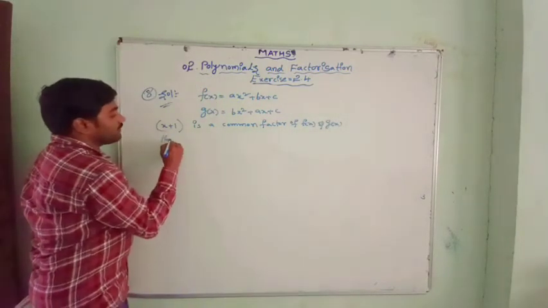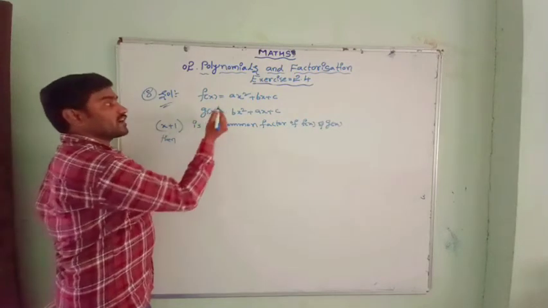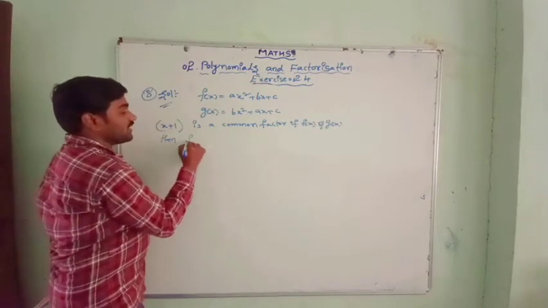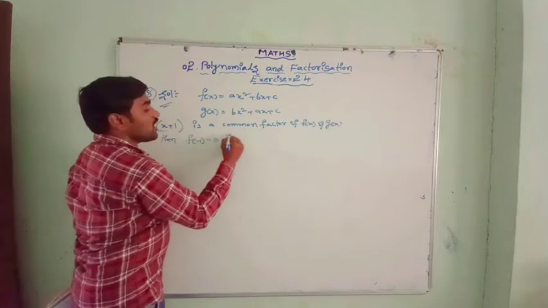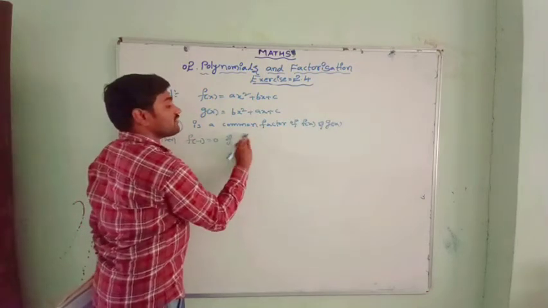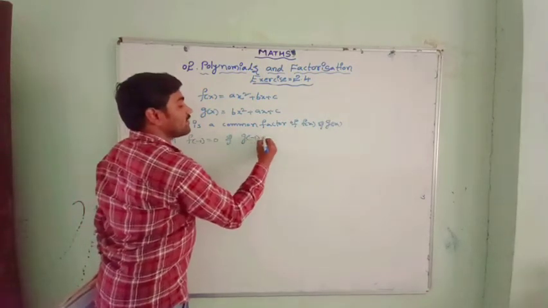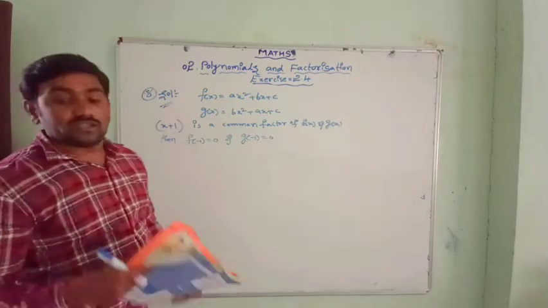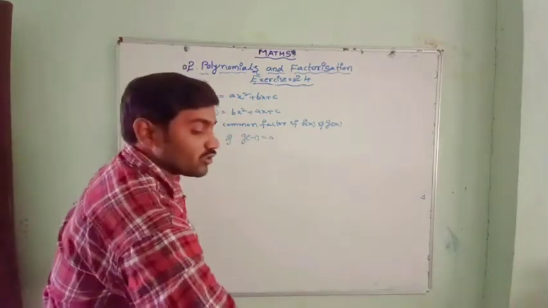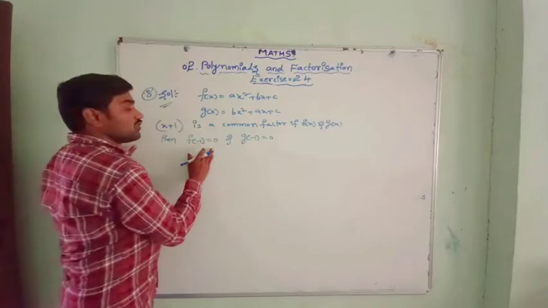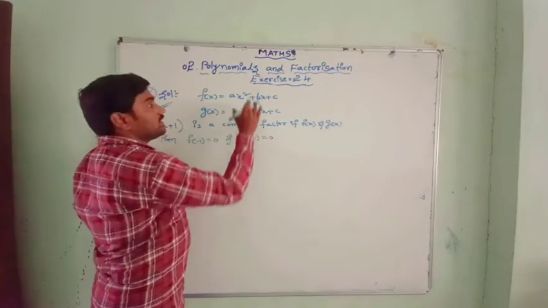Then here we know that if x plus 1 is a common factor of f of x and g of x, then f of minus 1 equal to 0 and g of minus 1 equal to 0. That means at the place of x we are going to substitute minus 1 in both the polynomials.